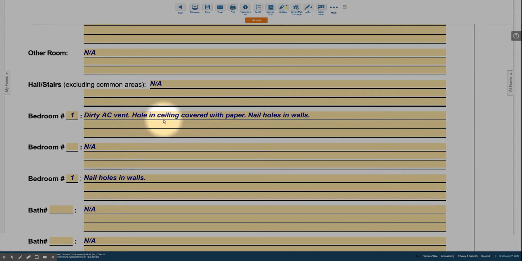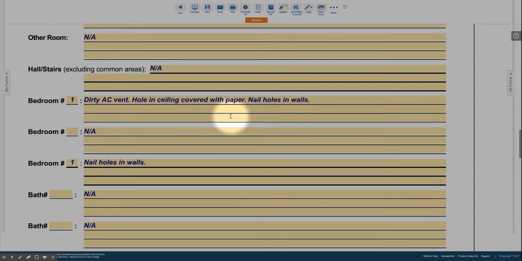We don't speculate why there's a hole, why it's covered with paper. That's not our job. And in the instance that we are wrong about that, it could open us up to a lot of legal problems. So, just for risk management purposes, describe what you see. Don't try to diagnose any problems.